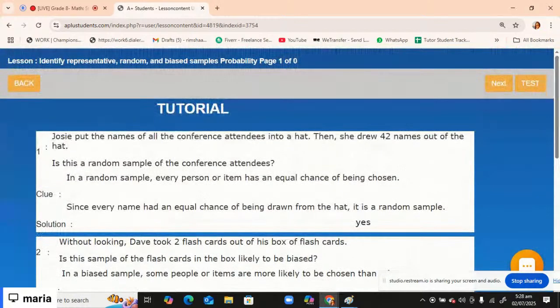If they are talking about all, then it means it's random. Okay, let's discuss the next.